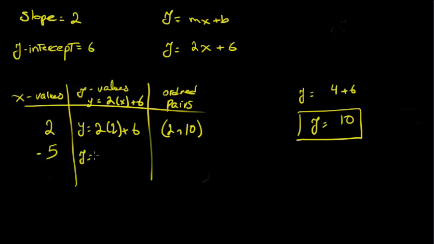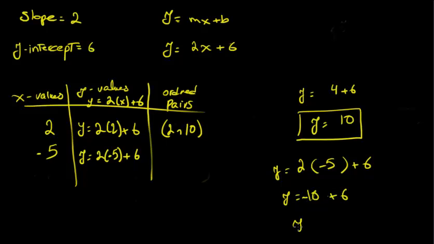We'll put it into the equation, and then we'll have y equals 2 times minus 5 plus 6. Y equals minus 10 plus 6. Y equals minus 4. And if x is minus 5, then y is minus 4, right?